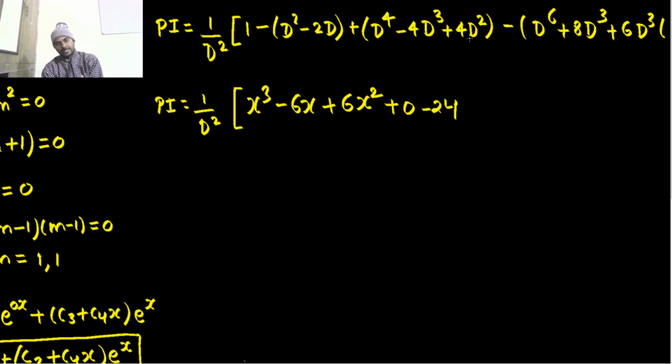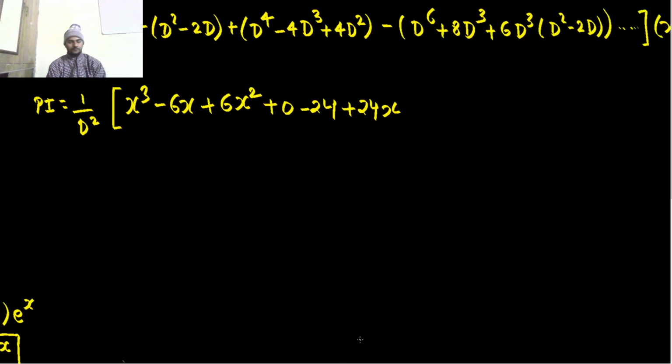First derivative 3x square, second derivative 6x. 6x multiplied by 4, 24x. Now the fourth derivative is again 0. Third derivative 6, and that 6 multiplied by 8 is 48, with a minus sign.